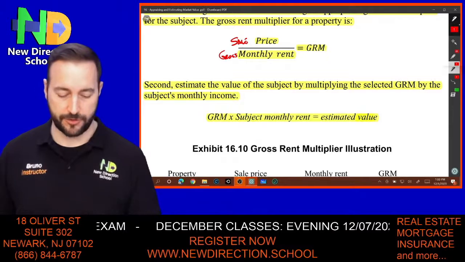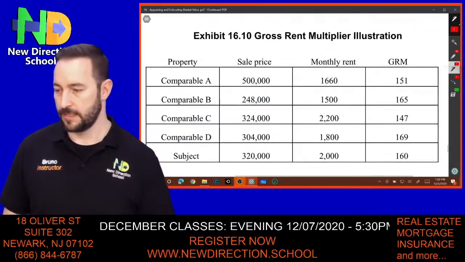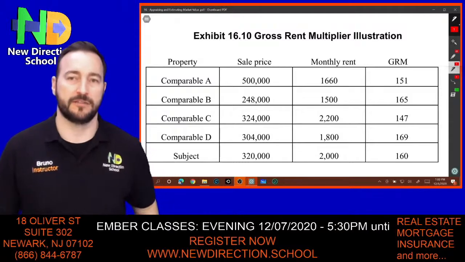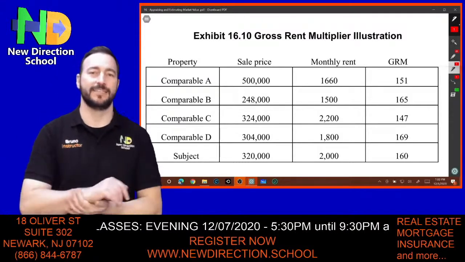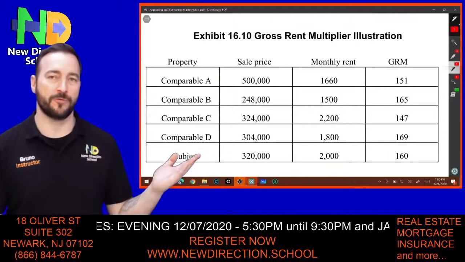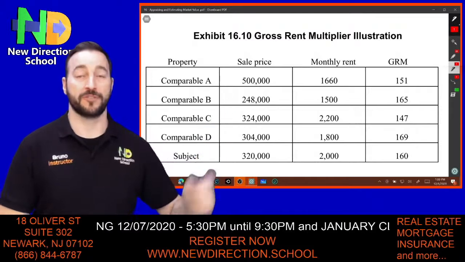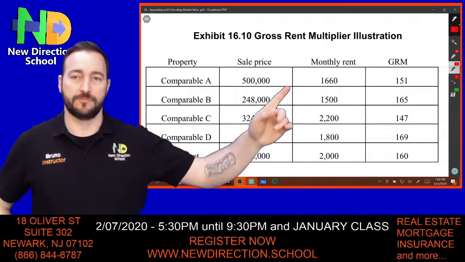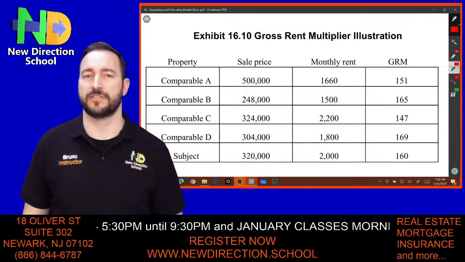So let's look at this illustration real quick. This is monthly, right? In this scenario, this is the subject property we're trying to sell, and we have 4 properties to compare to. This one sold for $500,000, monthly rent of $1,600.